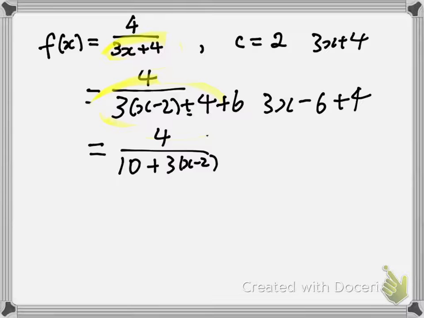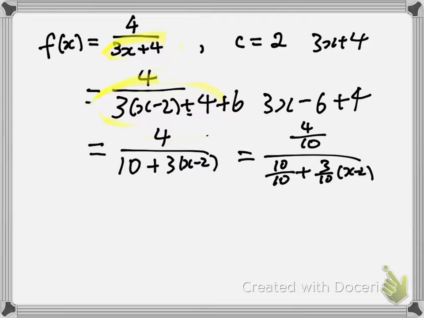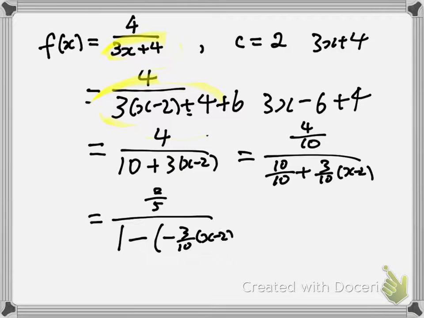So if we do that, we get 4 over 10 here, 10 over 10 here, and 3 over 10 of x minus 2. So that is really 2/5 over 1 minus a negative 3/10 of x minus 2. So that now becomes a over 1 minus r.